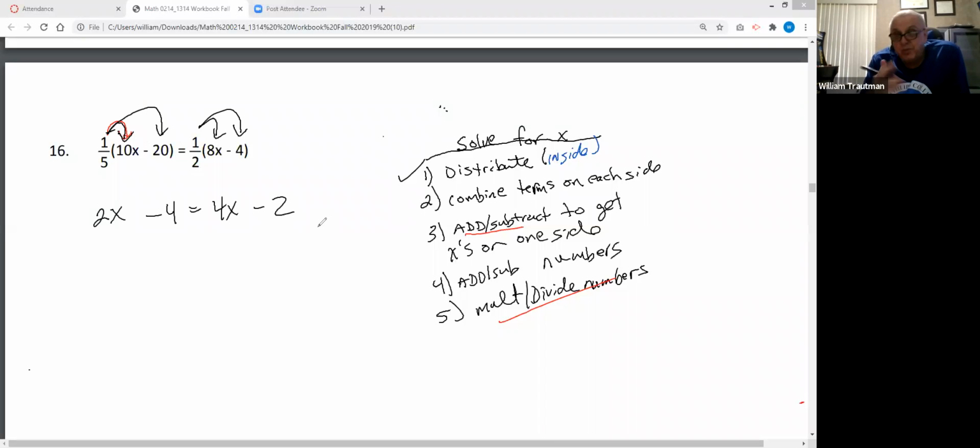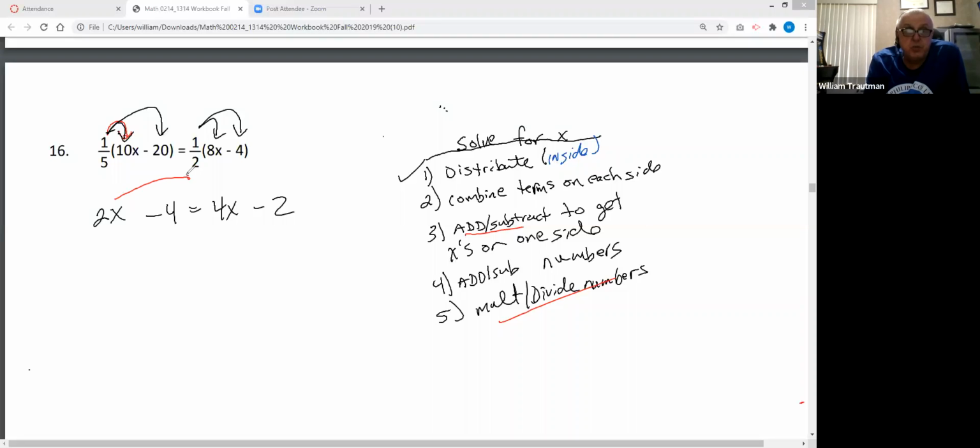Now you see I'm doing it kind of fast here, but if you can't do it that fast, that's okay. You'll get proficient with your calculator. Combine like terms, step 2. Nothing adds on the right side or the left side, so that's okay. Step 3, get all the x's to one side.